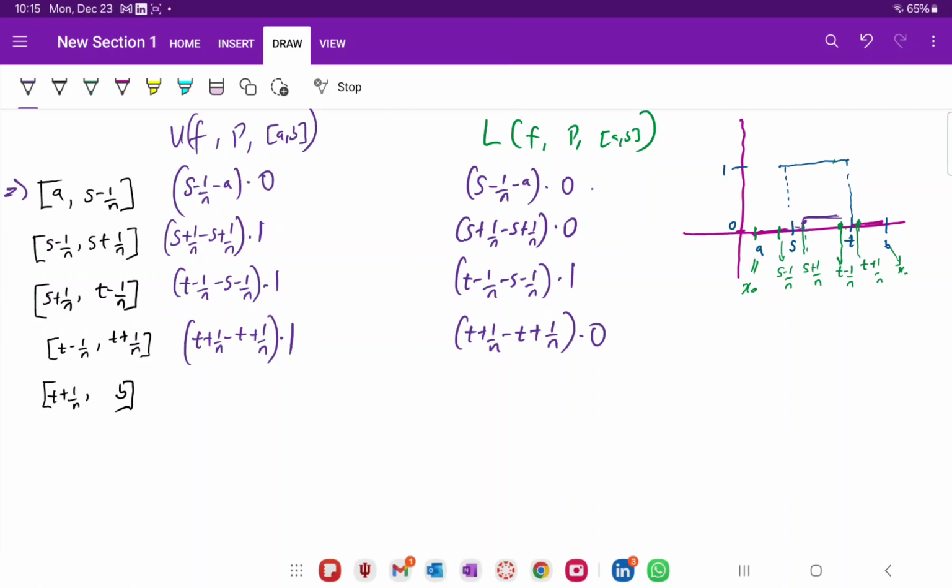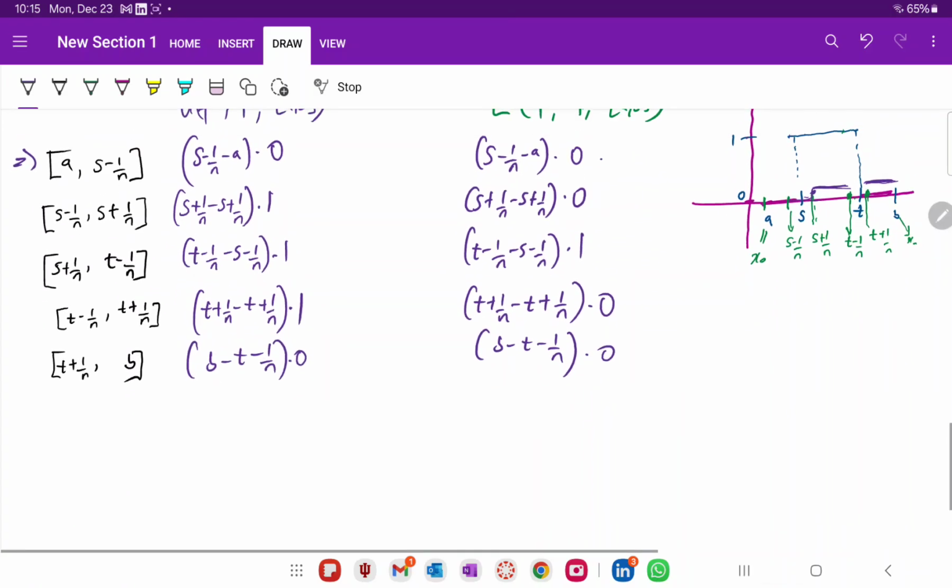Okay, lastly, in the last interval, we have b minus t minus 1 over n. Here it is outside where the function is 1, so everything is 0, the supremum is 0, and the infimum also is 0.